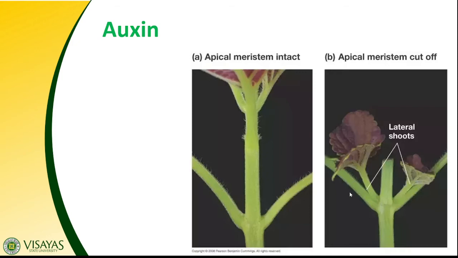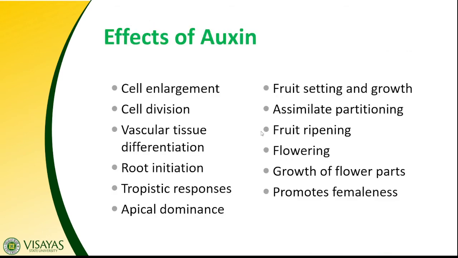So the removal of the auxin allows the effect of cytokinin to be expressed, which is on the formation of lateral shoots.